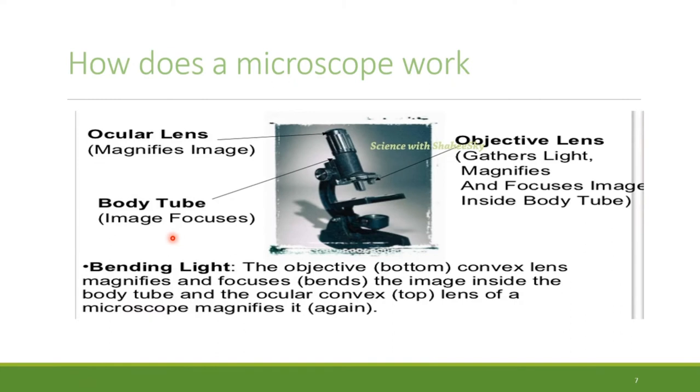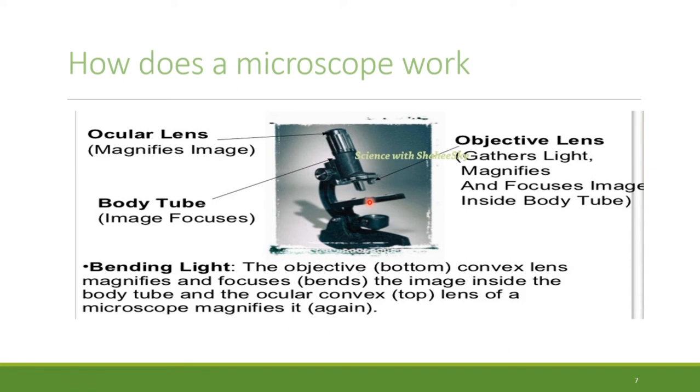How does a microscope work? There is an ocular lens in the eyepiece and objective lenses in the body tube. When the sample object is kept on the stage of the microscope, the light source gives the light and the diaphragm controls the light to the stage.